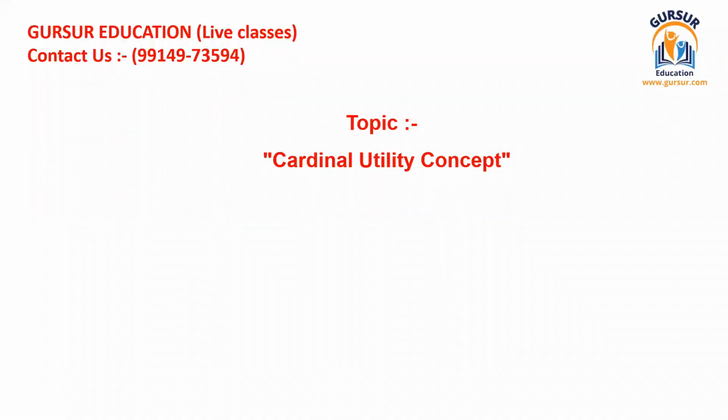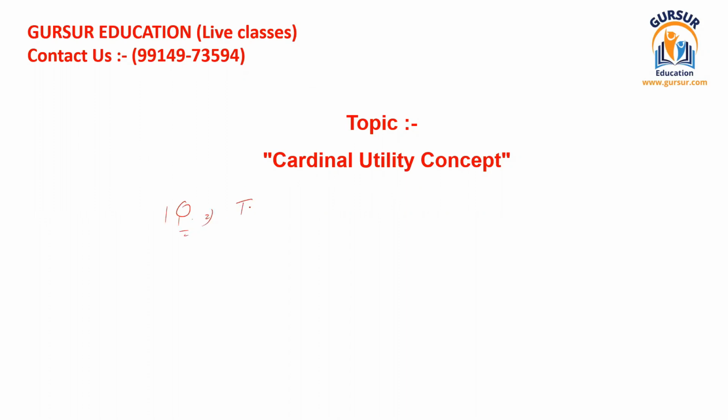All right, so now I think that you will be able to see what we have prepared for you. In this lecture, we are going to talk about the cardinal utility approach or utility analysis. Two different things we are going to study in this specific lecture, and in total, I shall answer 4 questions which are very important from the exam point of view.